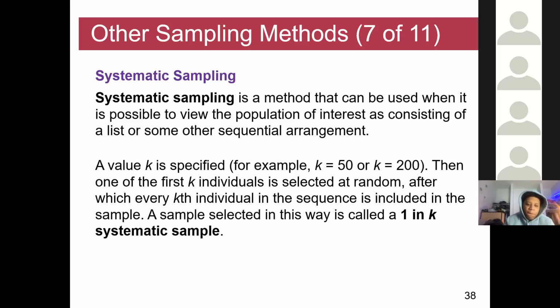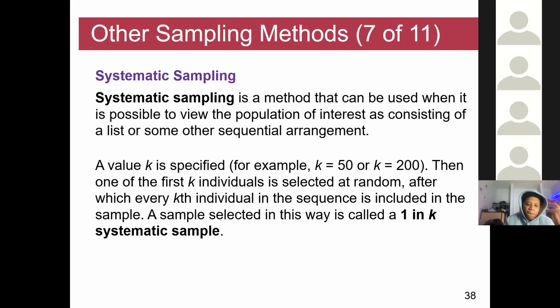And then we have another type of sampling called systematic sampling. Systematic sampling occurs when we have a list and we want to go through the list systematically. An assembly line in a factory is an example of this. Suppose we want a sample of so many people.